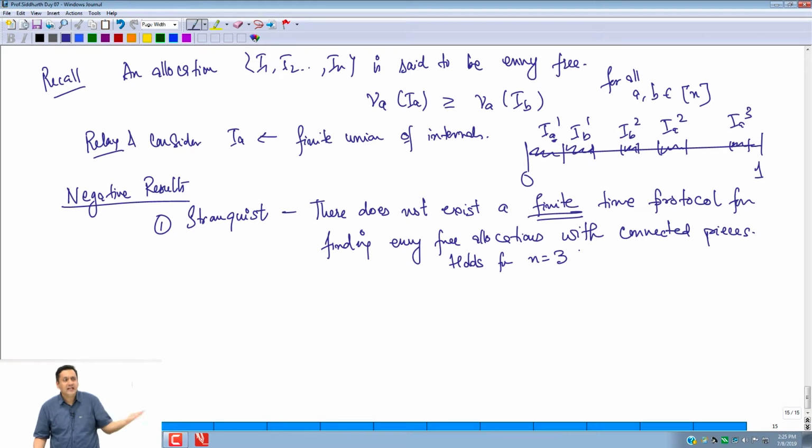So I already have a finite, forget finite, it's a 1 query thing. You just ask the first guy cut, ask the second guy the eval. So 2 or 3 queries, you're done. So for 2 agents, you essentially need 3 queries. For 3 agents, you need an unbounded number of queries. So in terms of jumps, it's a big one. It's a strong, sweeping negative result, right?